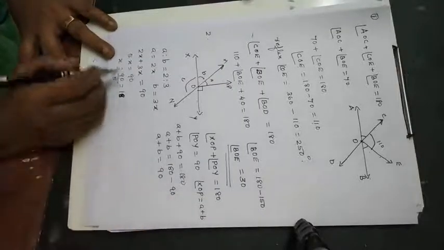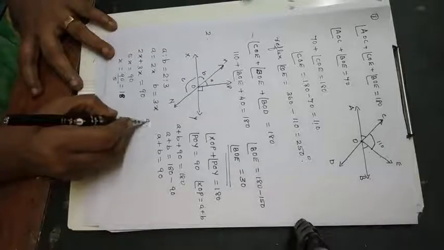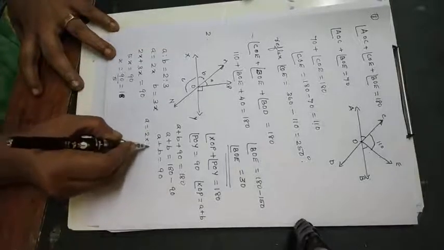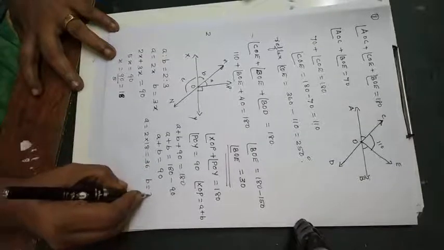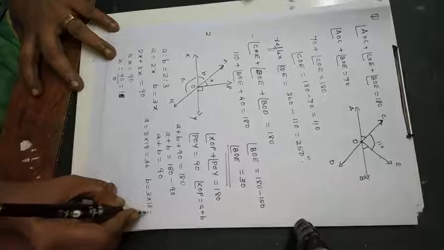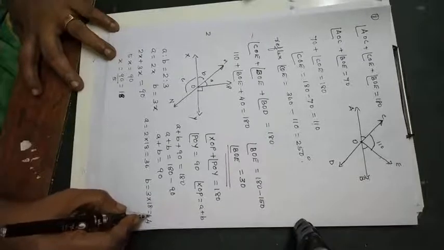So x is equal to 18 means A will be 2 into 18, that is 36, and B will be 3 into 18, 54.